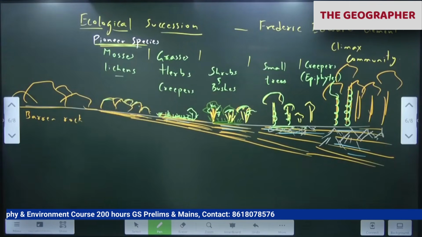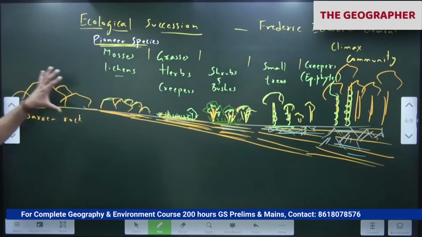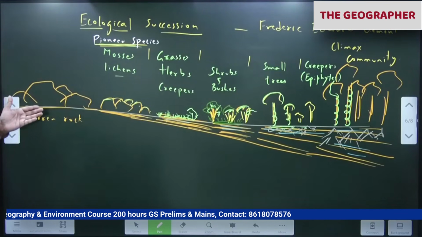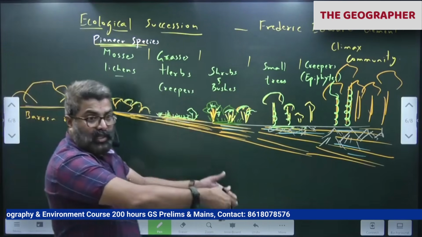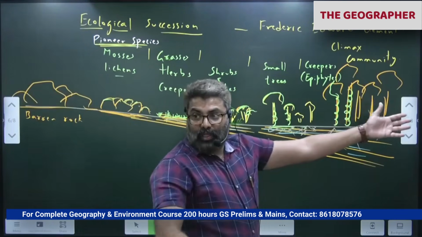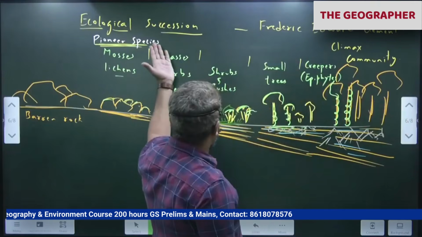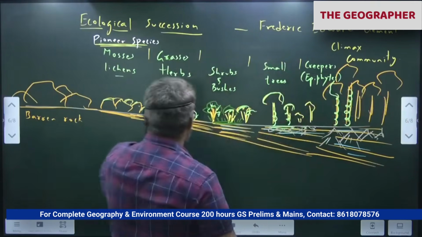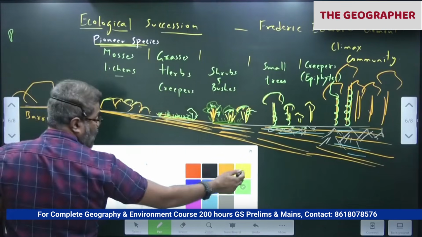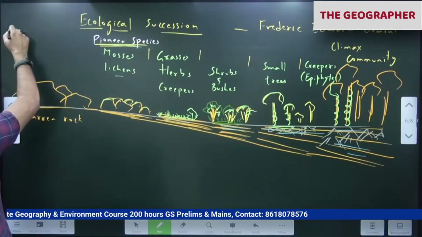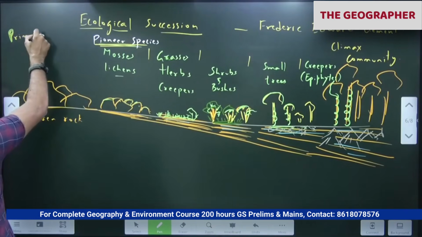So the beginning of ecological succession starts with a barren rock. And soon one set of species will replace the other, forming a more stable community. That is called ecological succession, and this we call primary succession. Primary. First. Primary succession is this.